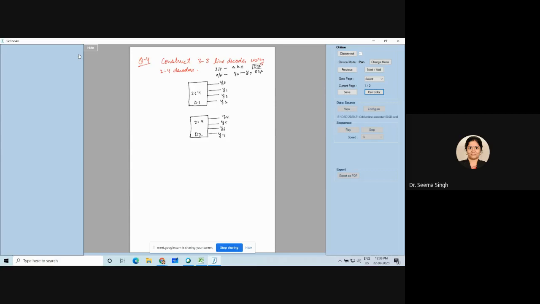This 3 input and 8 output only makes a 3:8 decoder, right? So this is what I have to see: 8 outputs and 3 inputs.